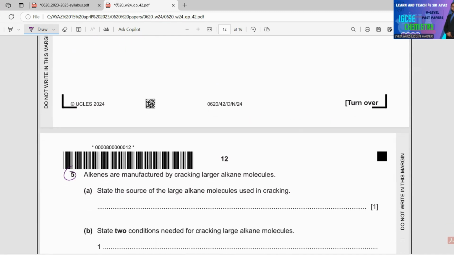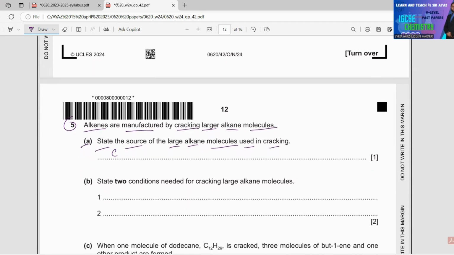Number 5. Alkenes are manufactured by cracking large alkane molecules. A. State the source of the large alkane molecules used in cracking. We are getting it from crude oil or petroleum. Part B. State two conditions needed for cracking large alkane molecules.